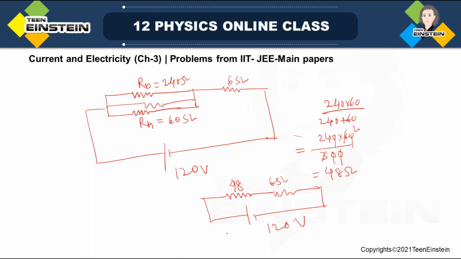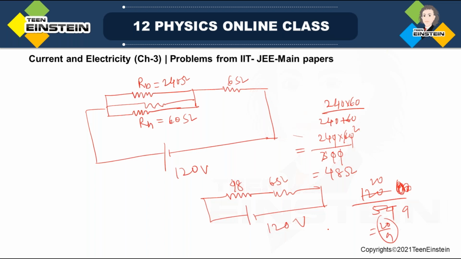So what is the current through the circuit? That we have to find out. Current will be 120 divided by the sum of these two, 54. So 20 by 9 is the current.